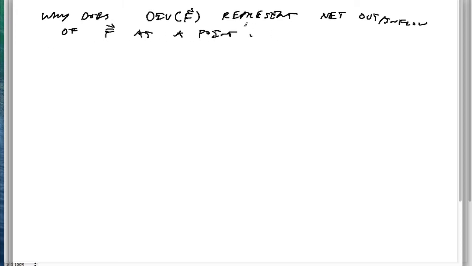And it's pretty simple. We can use the divergence theorem again. So again, say that E is a small cube, with volume E small. Okay?